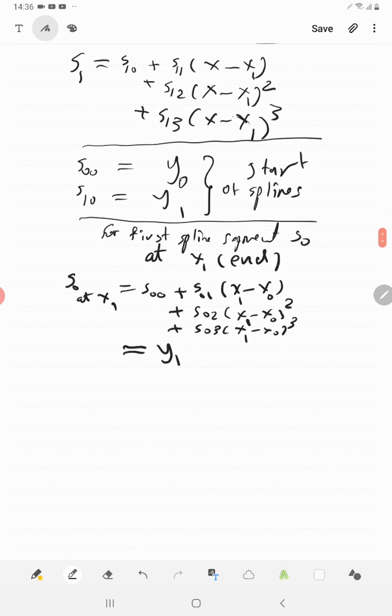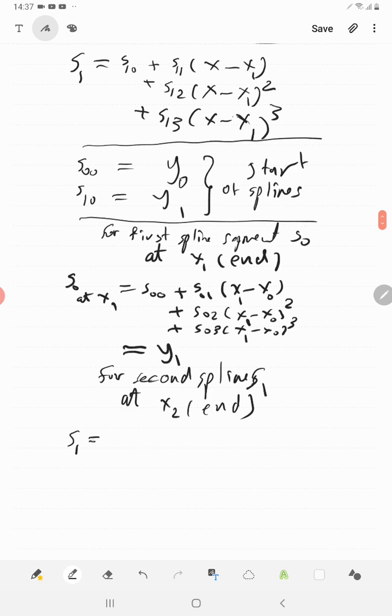Now, similarly, if we apply it to the second spline, S1 at x2, where x2 is the end of spline 1, the second segment, we have S1 equal to S1,0 plus S1,1 times x minus x1, plus S1,2 times x minus x1 squared, plus S1,3 times x minus x1 cubed.